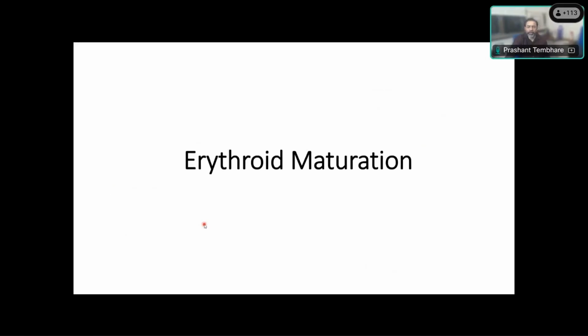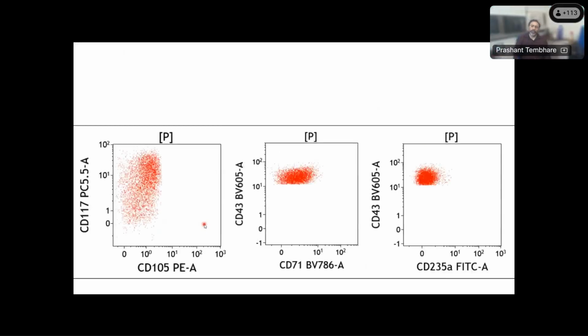Okay, now coming to the erythroid maturation. We know the erythroid maturation has pronormoblasts, then intermediate normoblasts and late normoblasts, even though those stages can be further subdivided morphologically. They all differentiate from the blasts, which are megakaryocytic erythroid progenitors.